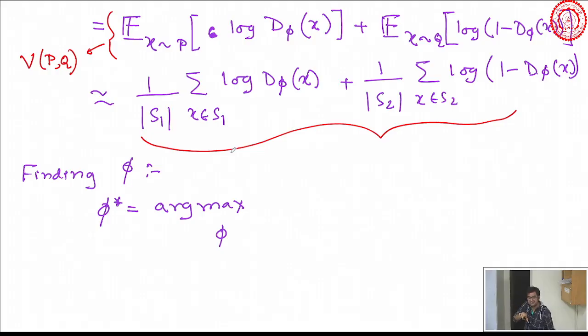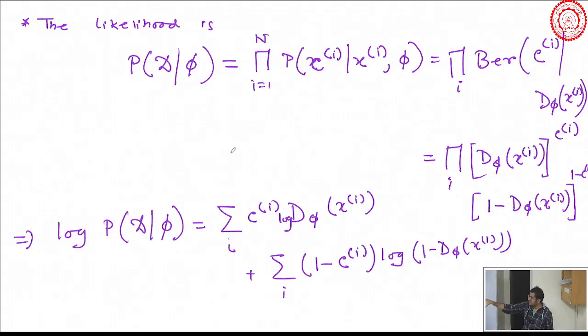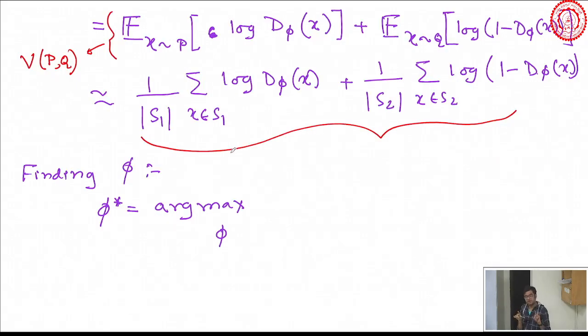The 10 is missing, right? If you remove 1 by S1, the 10 is missing. In this case, you are getting 10 times log of d. If you remove that S, you will get log of d. Correct?